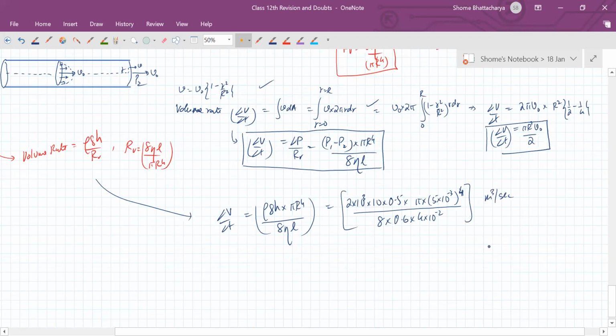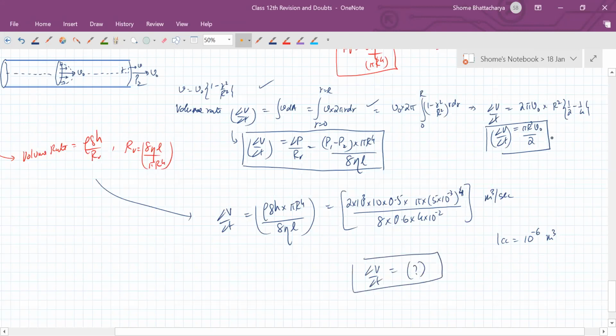And then later you can see that 1 cc is 10 raised power minus 6 meter cube. So whatever we get in meter cube per second, multiplied with a million, you will get in cc per second. So you can find the delta V by delta T, whatever value.